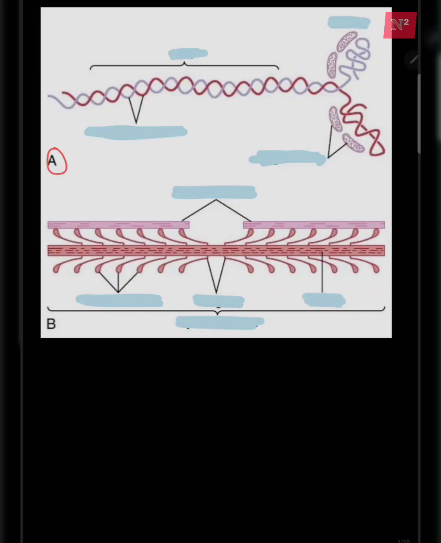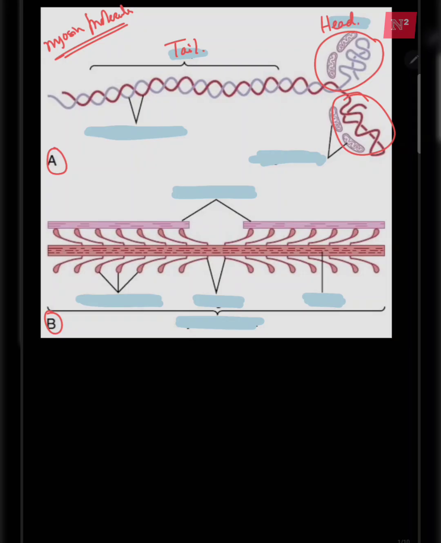Now what is this picture showing in figure A and figure B? Figure A is showing you a myosin molecule, having two distinct parts. One, a strand looking part which is called the tail, and a more or less globular part which is called the head of the myosin molecule.